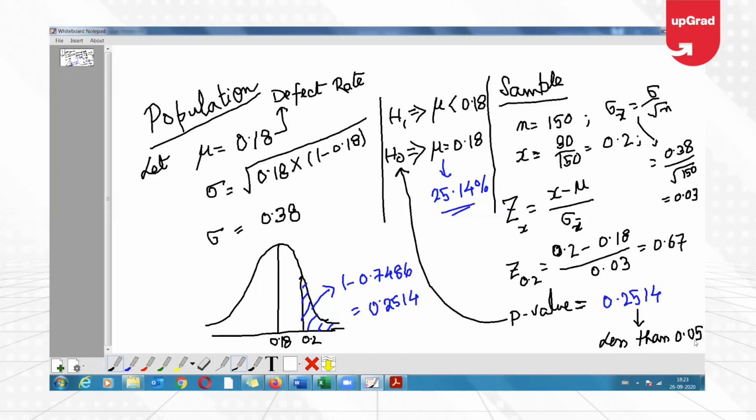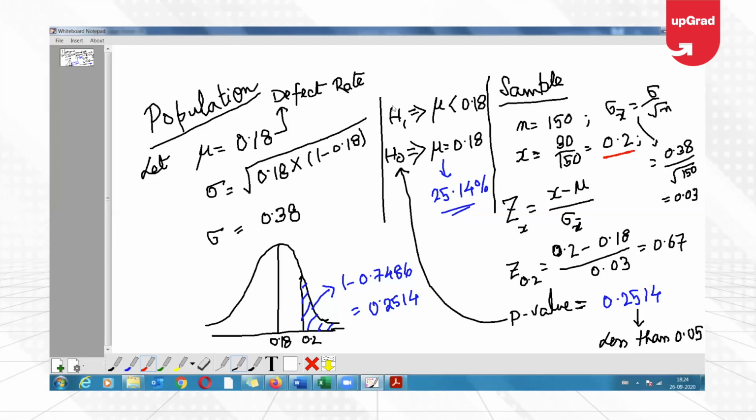But this time it's very high. How come this happened? And under what scenario can this happen? If you carefully observe, when we had formed the null and the alternate hypothesis, here when we had done the experiment, we had found that the defect rate is 20%.